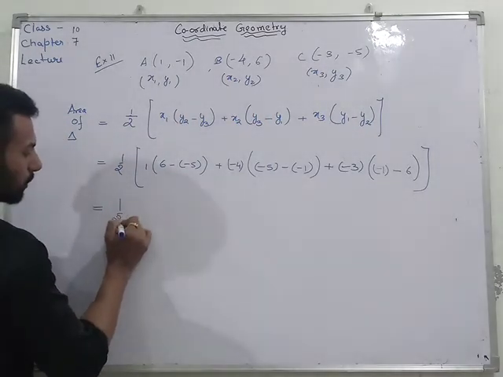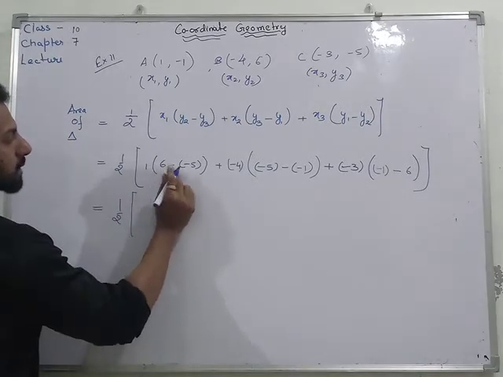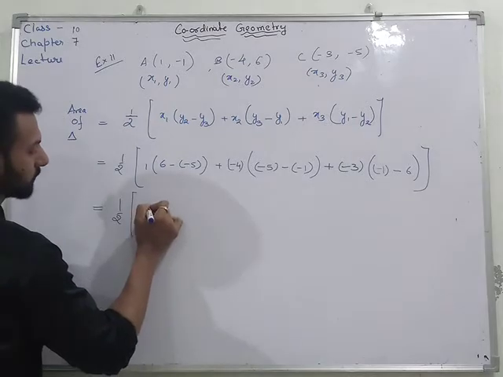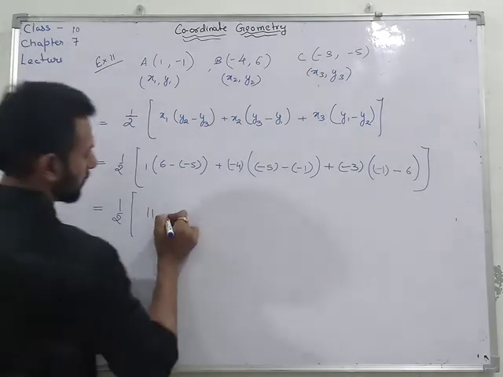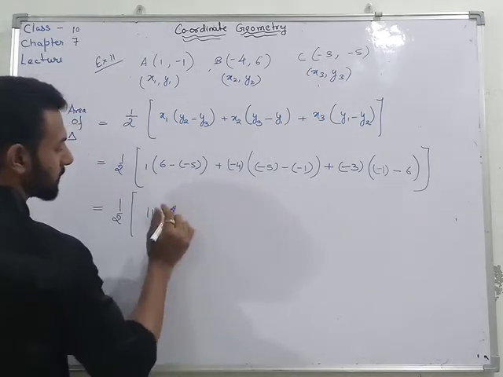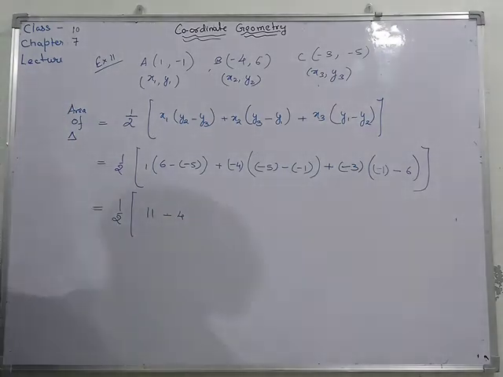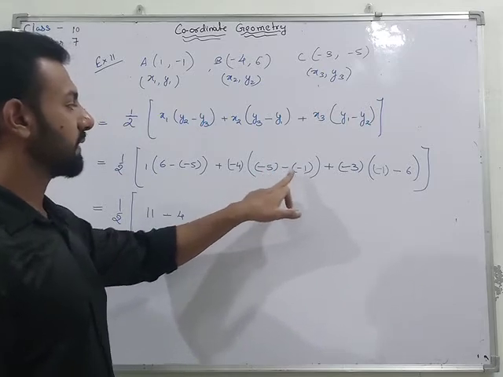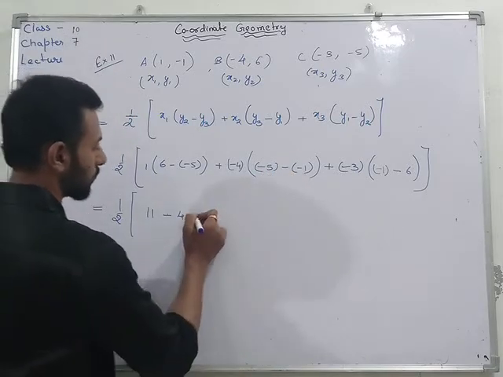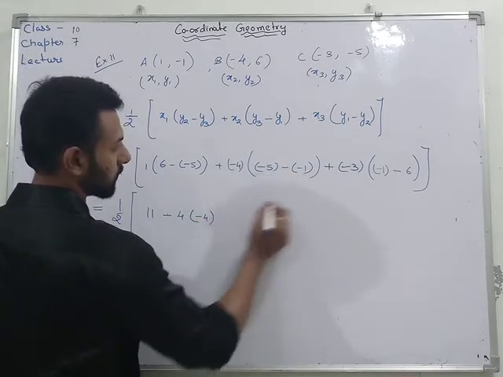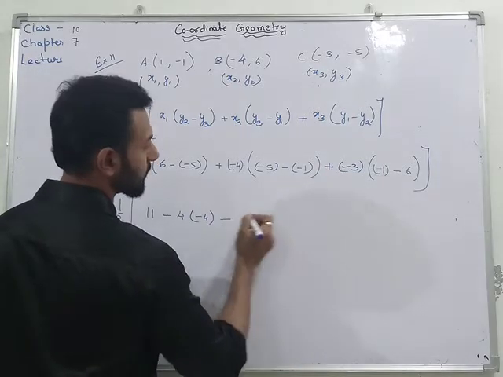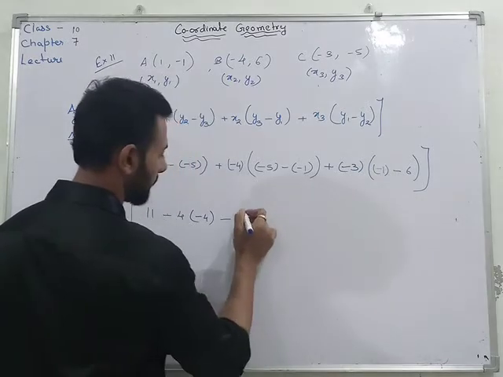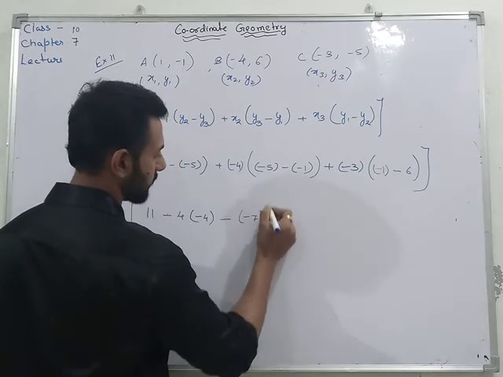Now 1 by 2, 6 minus of minus 5 is 6 plus 5, 11, plus minus 4 into minus 5 minus of minus 1, so minus 5 plus 1 will be minus 4, plus minus 3 into minus 1 minus 6, which is minus 7.